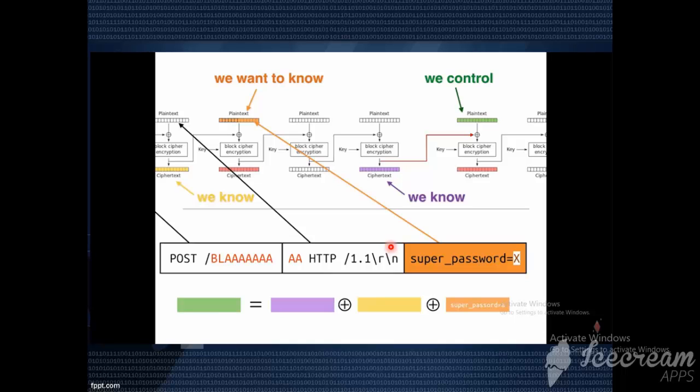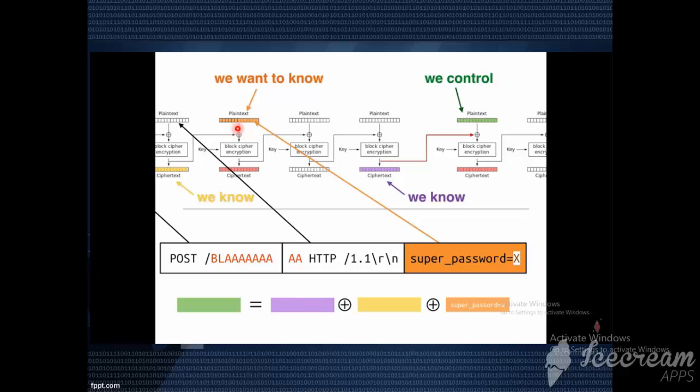The victim does the first request as blah and has the important header with password or cookie. I want to know the plain text. This one.